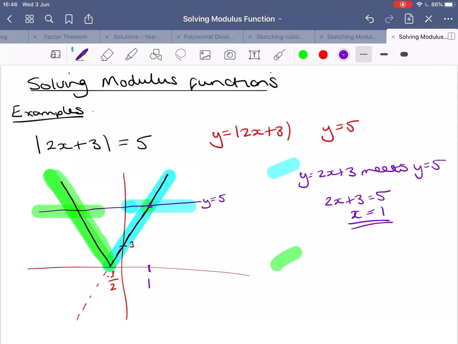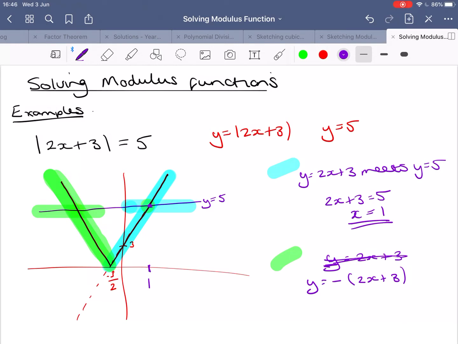So if I think about the line y equals 2x plus 3, I am making all these y values negative. So the equation of this line that's been highlighted in green is actually y is the negative of 2x plus 3, because I'm making my y values negative.